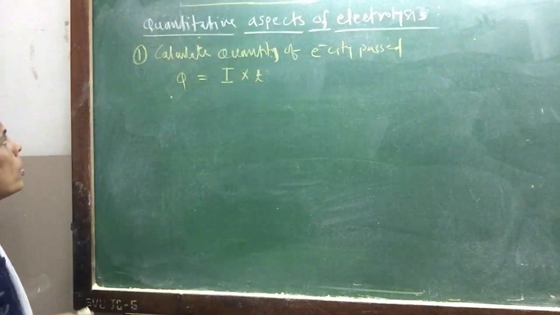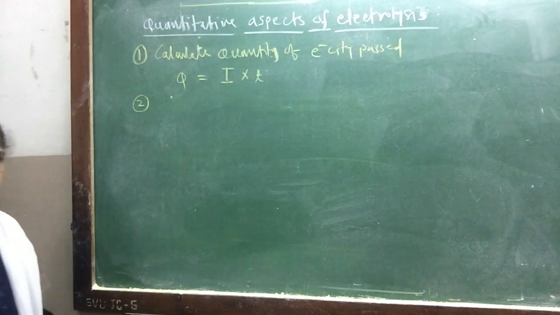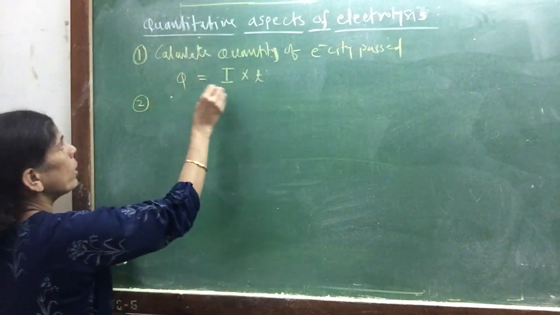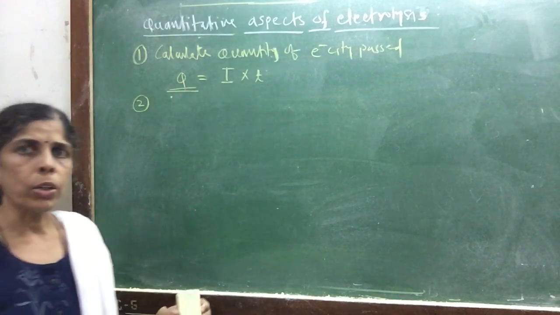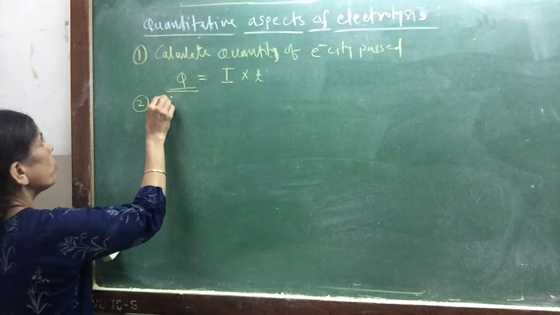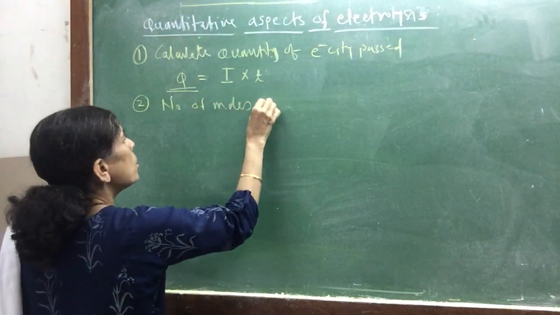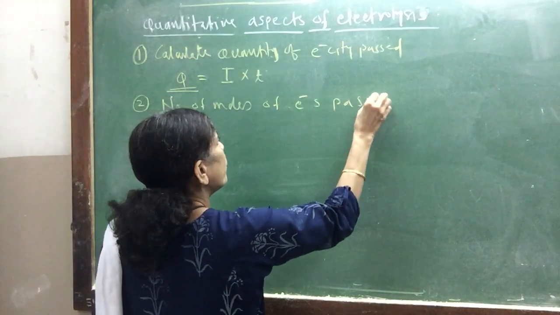Now this quantity of electricity passed you have to convert into number of moles of electrons passed.